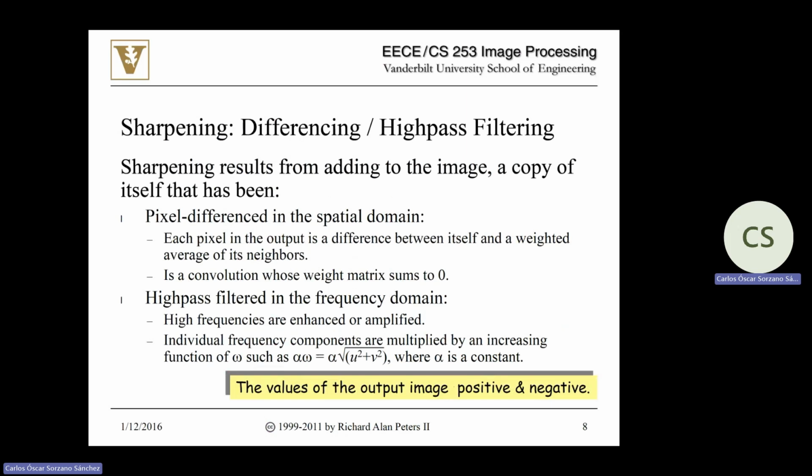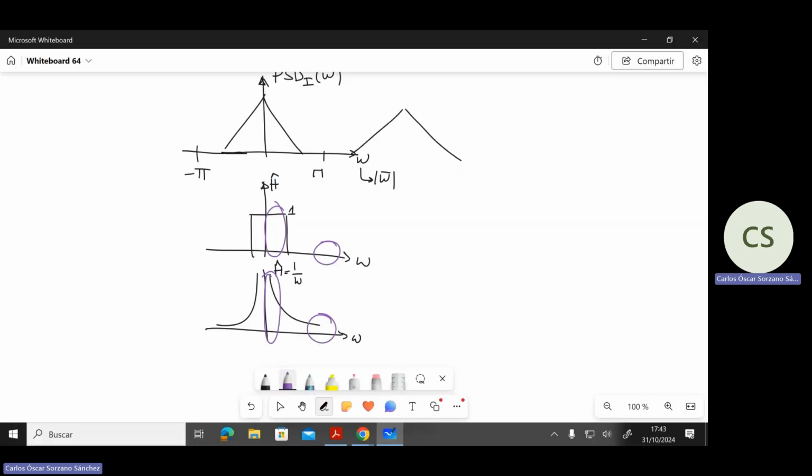So you can have a sharpening filter. A sharpening filter could be the opposite: the high frequencies are boosted. So the high-pass filter will look like this. Because of the periodicity, at some point they go down.